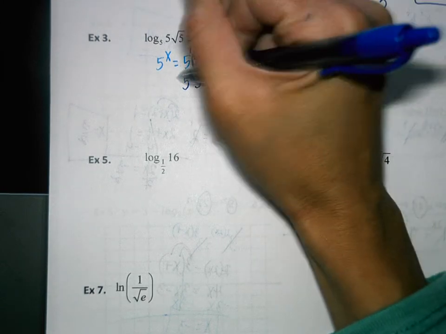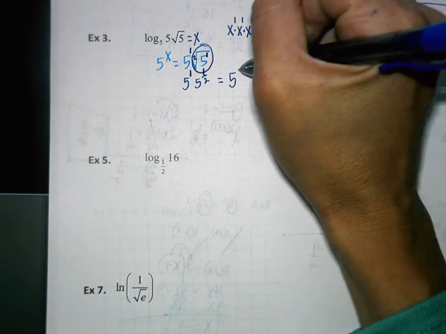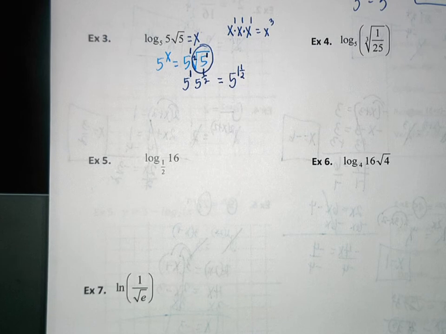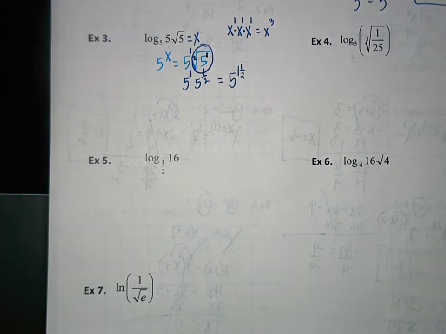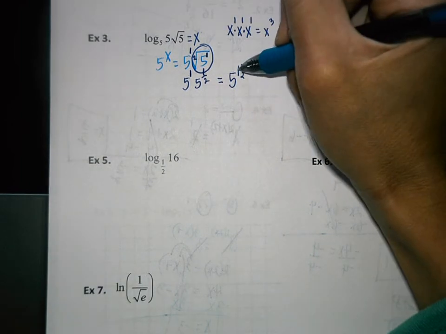Now we add those together. When you add them together, it makes 5 to the what? 1 1/2 power. Now, we do not normally see things as 1 1/2 power, and so we need to change that into an improper fraction. 3 over 2. 3 over 2 is correct. In case you've forgotten how to change a mixed number into an improper fraction, you take the whole number and multiply it to the denominator.